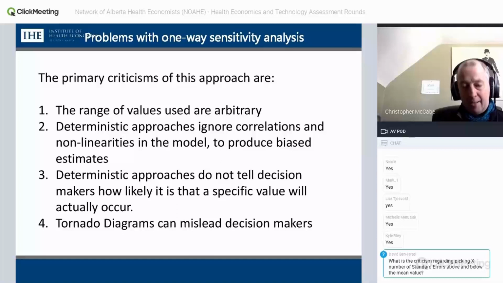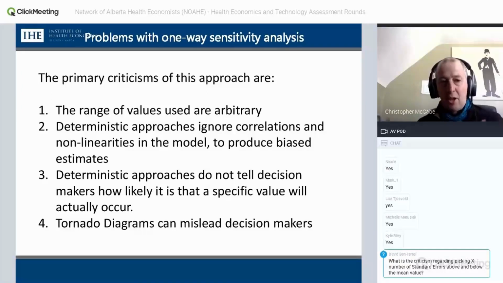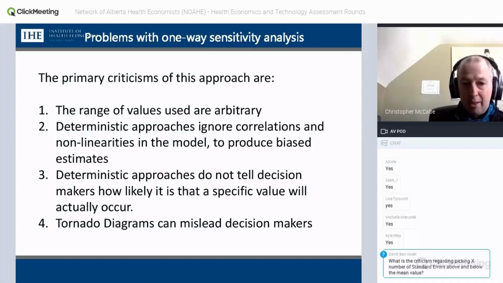You're choosing to curtail the range that you look at, and what we're arguing really is you need to use the full range described by the probability density function, because that's not arbitrary. It's based in the evidence. What you then get is more information, not just about the sensitivity, but whether it changes the decision and how likely it is to be observed. And that's the third point.